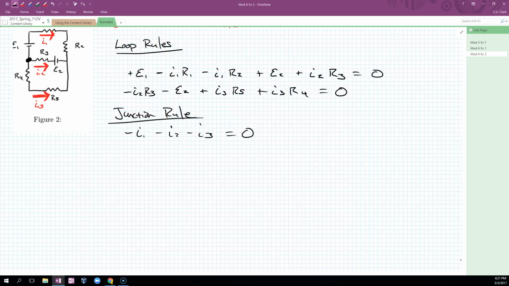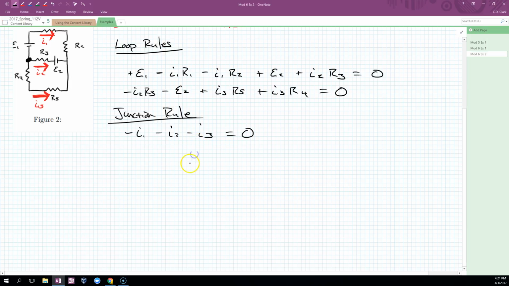What I typically try to do is start with this junction rule, and try to get it written in terms of just one of these currents. So I'm going to try to get it written in terms of just I1 or just I2 or just I3. Which one I choose depends on what other information I have.